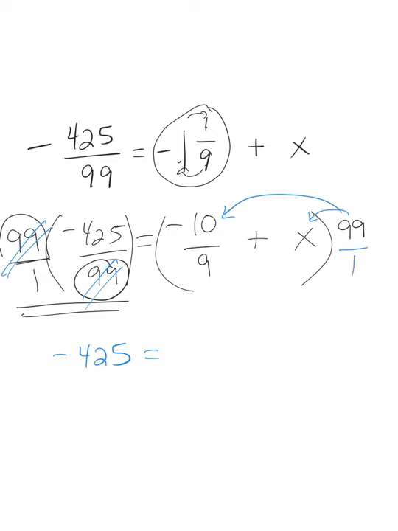Now we multiply numerators and we multiply the denominators. So 9 times 1 is 9. 99 times negative 10, isn't that like negative 990?